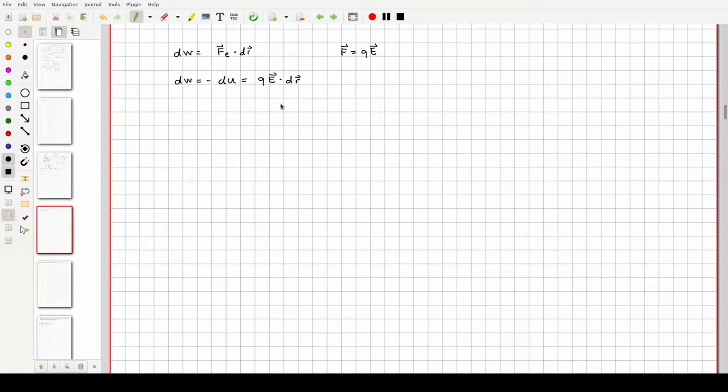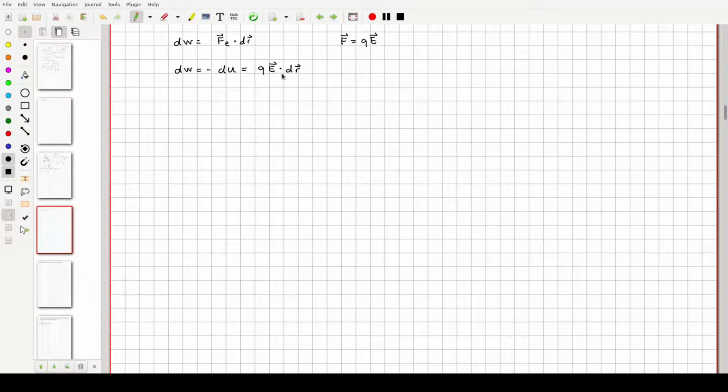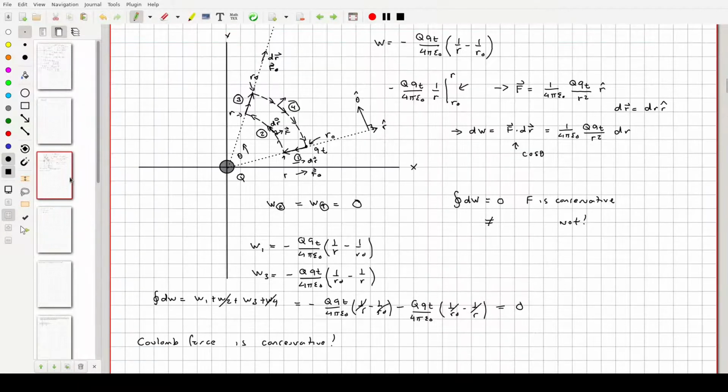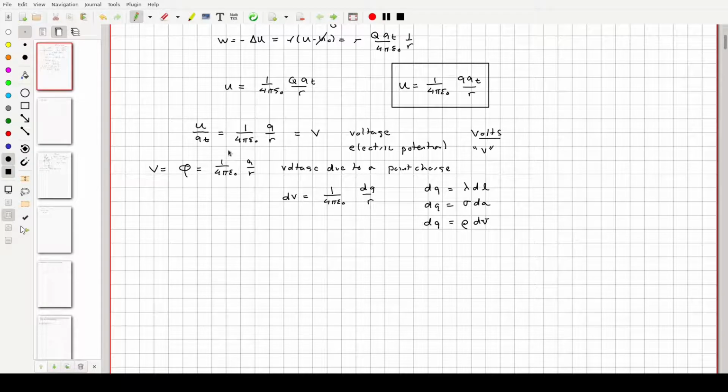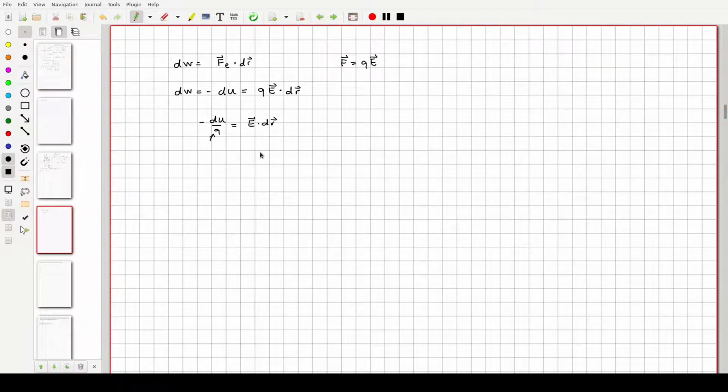Now, if I were to divide both sides by Q, what I have over here, if you remember our conversation about the relationship between voltage and potential energy, is minus dV.